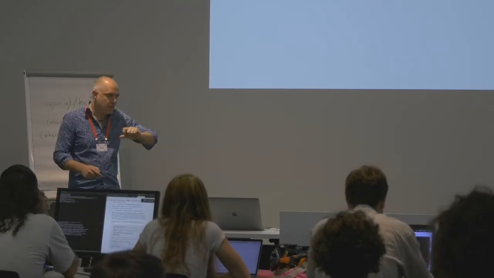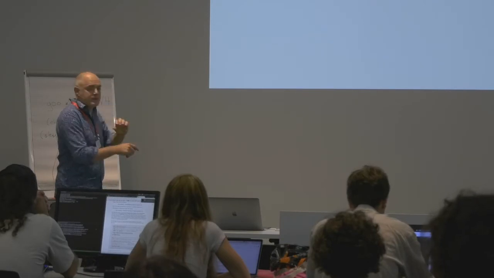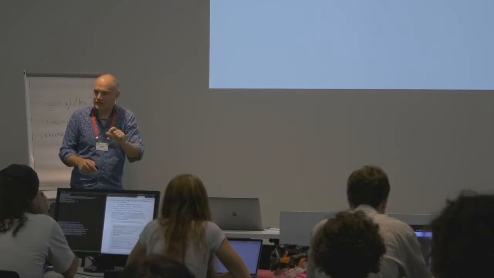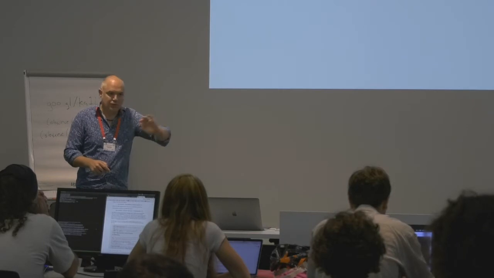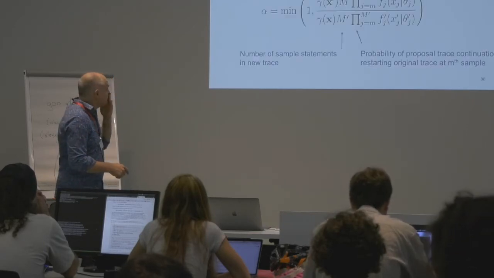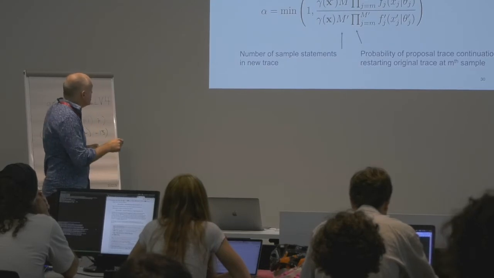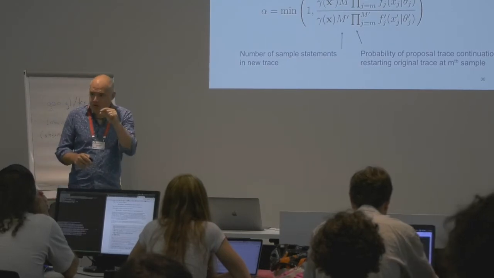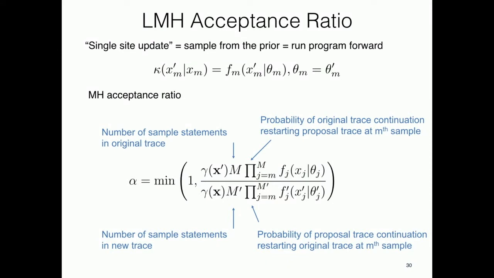And the most obvious way to do that is to simply continue the execution from that point forward, basically rerunning the program from that point forward. If you choose the proposal for changing that one individual sample choice to simply rerun the program from the previous execution state and then continue, great.